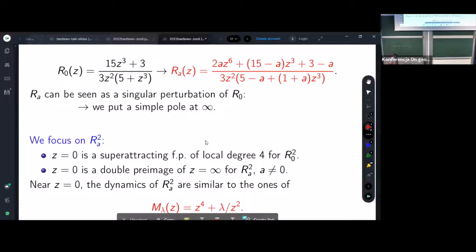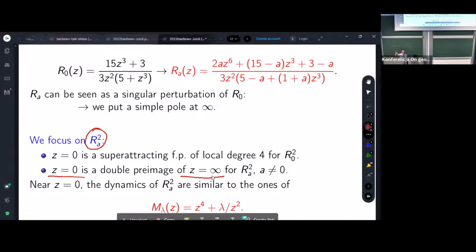So now we want to focus, as I was saying, on the dynamics of R squared. If I consider R squared for a equal to 0, z equal to 0 is a superattracting fixed point of local degree 4. In particular, z equal to 0 is a double preimage of infinity, and I'm not touching that dynamics.